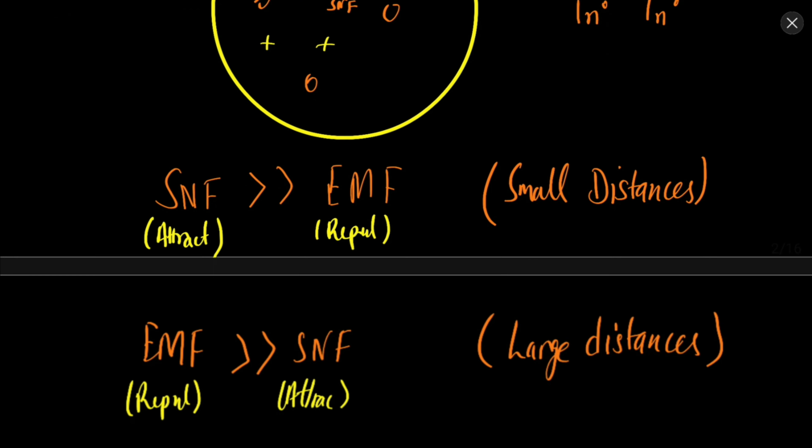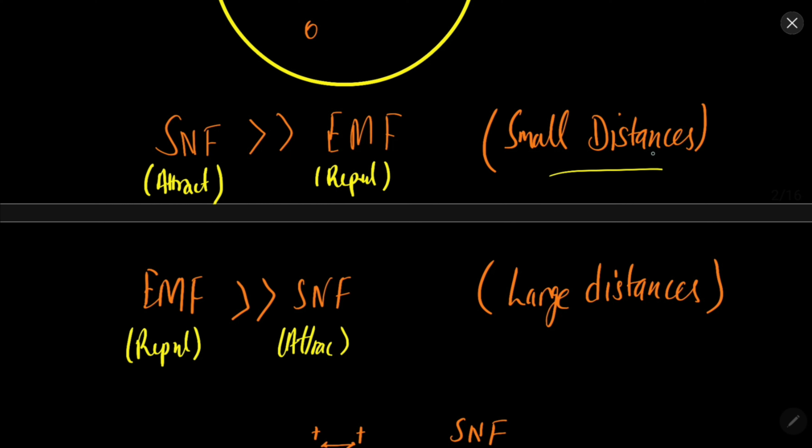Now one important thing: only when the distances are small is the strong nuclear force very effective. For large distances, the strong nuclear force does not exist. When the distance is very small, the strong nuclear force is much greater than the electromagnetic force, and it is attractive in nature.